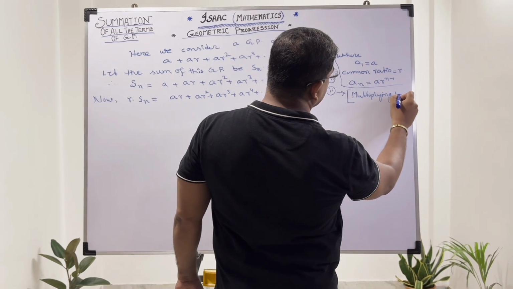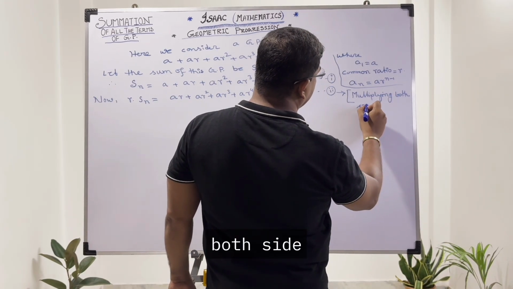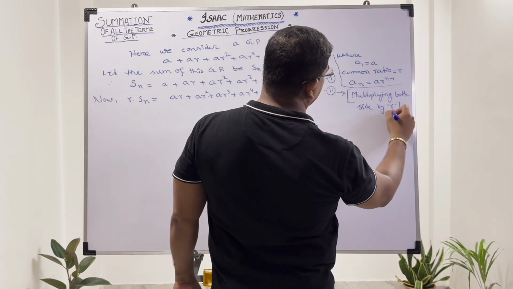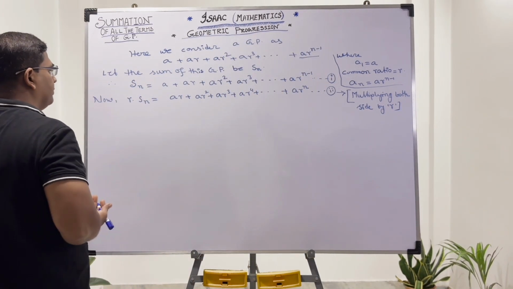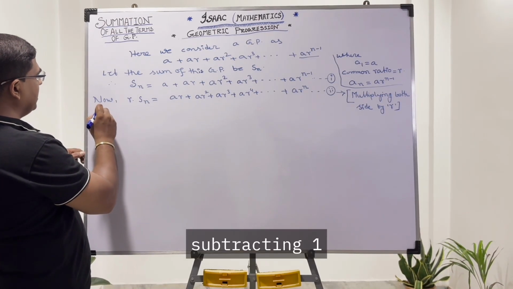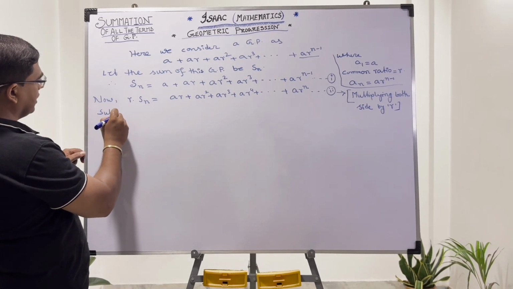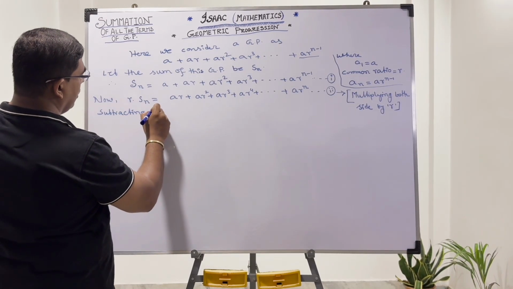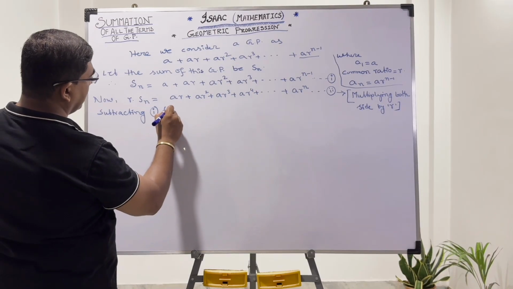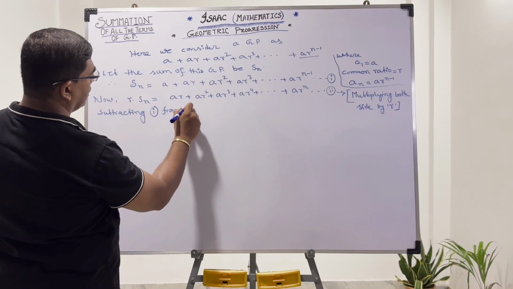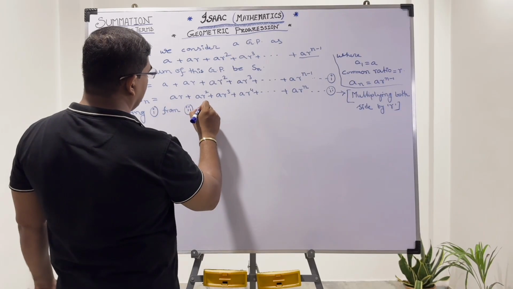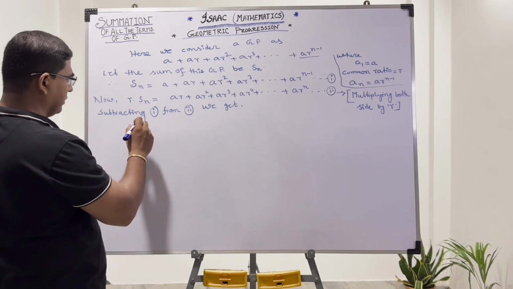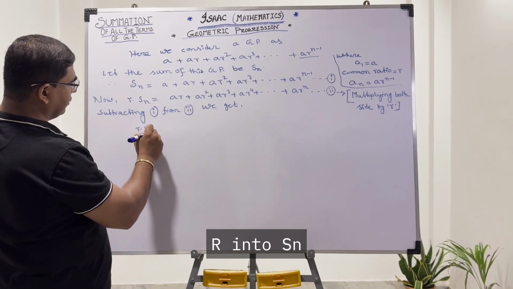Multiplying both sides by R. Subtracting 1 from 2, we get R into Sn.